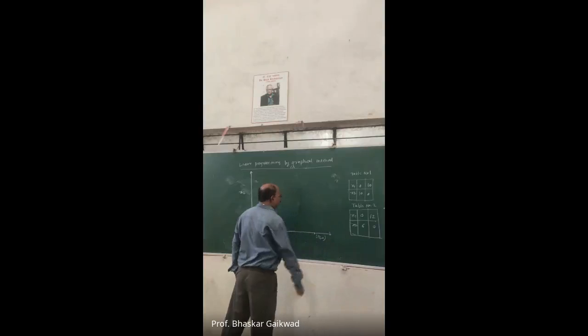Correct. And 0, 6, it may be here. So here is the 6, 0. Correct. So from this to this you have to draw the line.